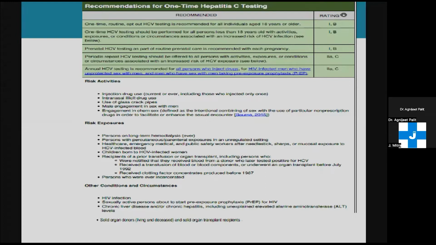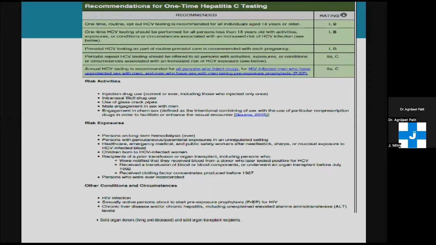High-risk exposure will include persons who are on long-term hemodialysis, persons having percutaneous or parenteral exposure in an unregulated setting, healthcare, emergency medical and public safety workers after needle stick, sharps or mucosal exposure to HCV infected blood, children born to HCV infected women, recipients of a prior transfusion or organ transplant, including persons who have received organ transplantation before 1992, blood transfusion before 1992, or clotting factor concentrates before 1987.